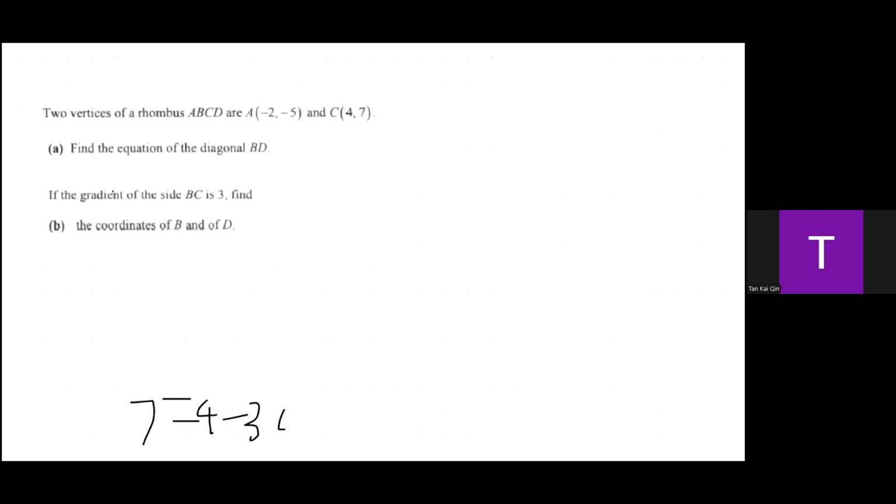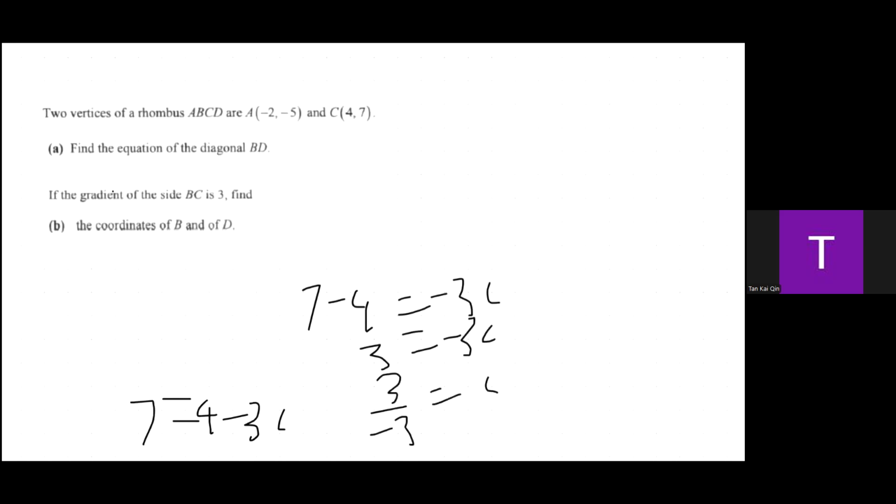Now that we have this equation, we can find c: 7 minus 4 equals negative 3c, so 3 equals negative 3c. Then 3 divided by negative 3 equals negative 1, which is the intercept of the line equation AC.